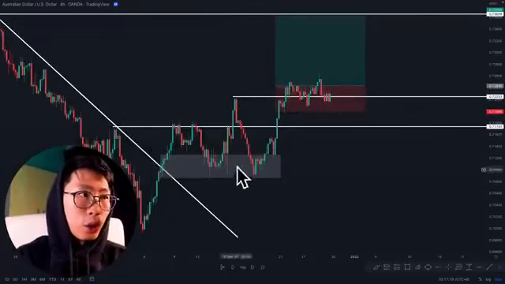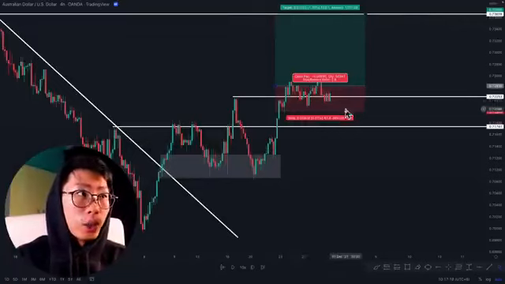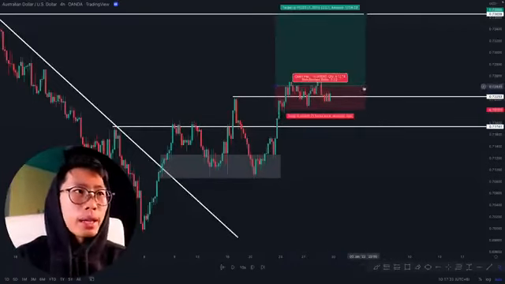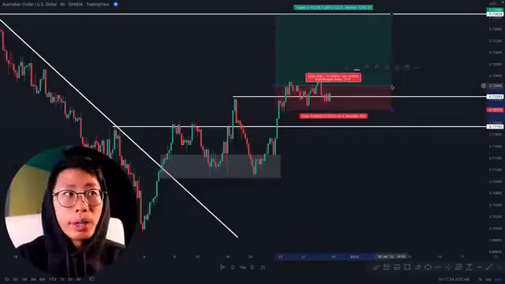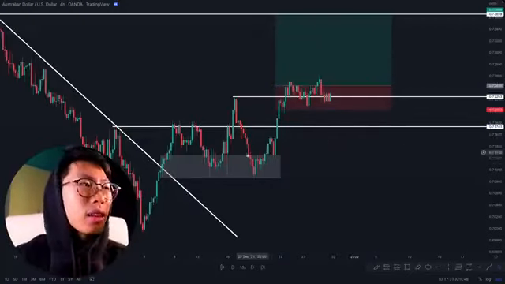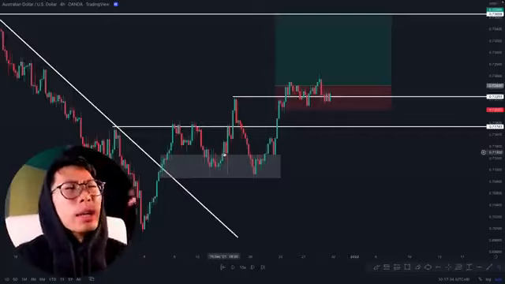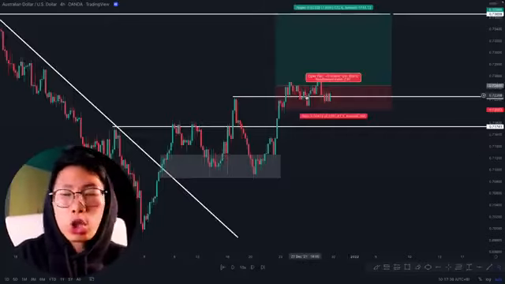Now price is creating a new higher low, so I'll move my stop loss right here in case price reverses and heads back down. Then we will still get stopped out in some profit, because we entered for a buy position right here. Even if we get stopped out right here, we are still in profit.